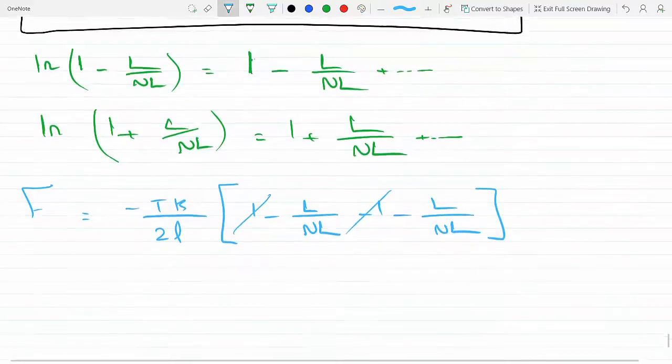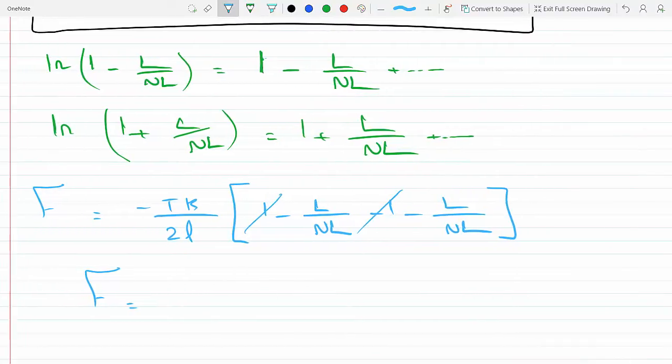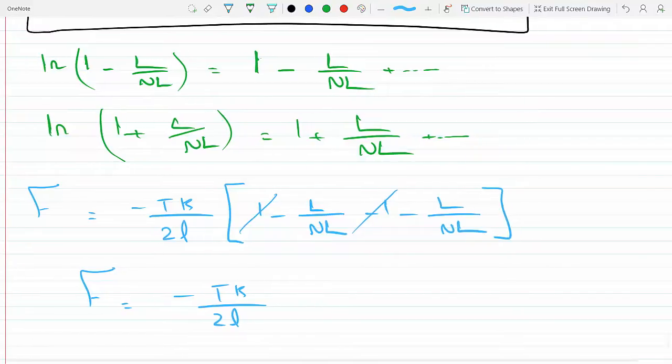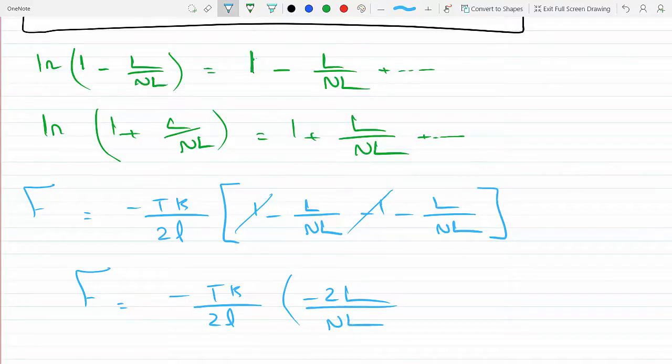These two terms add up to minus 2L over nl.